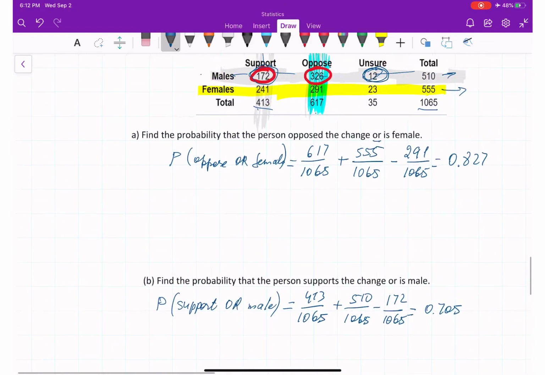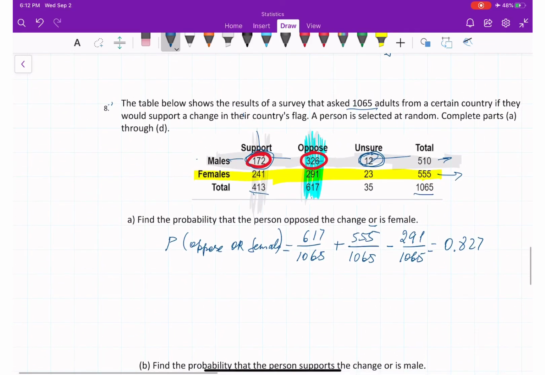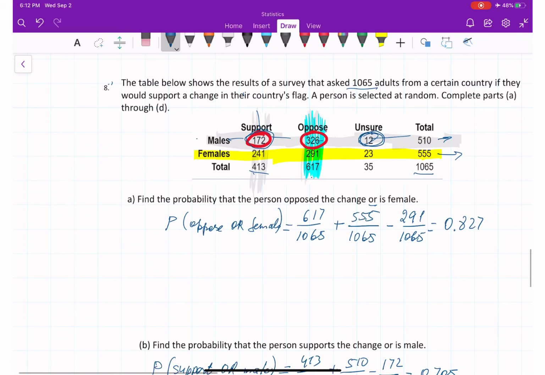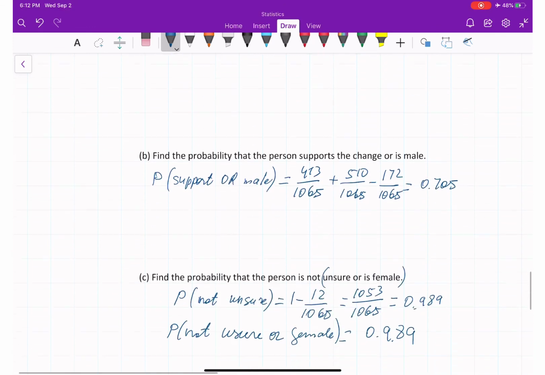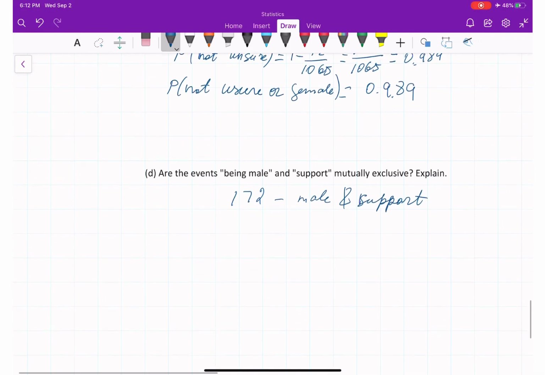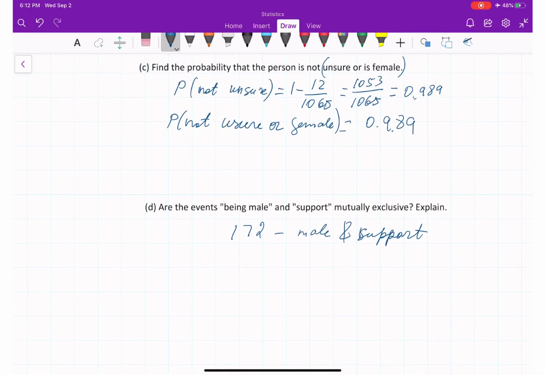What is 12? The 12 is unsure, and that is male, right? Not unsure, minus 12, that is unsure and male, opposite complement to female. And therefore, it's going to be equal 0.989.